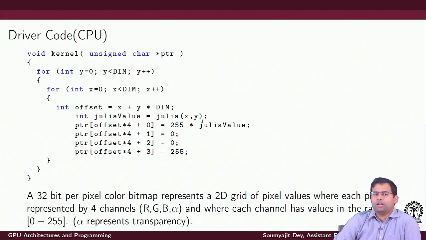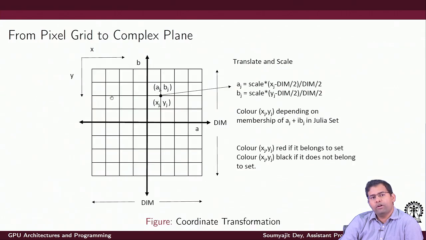The outer cascade of two loops was there to choose the row for matrix 1 and the column for matrix 2, and then the inner loop was doing the computation. In a similar structure, I have these outer two cascaded loops traversing over the bitmaps, and the inner code is actually doing the Julia set computation and deciding whether it is a member of the Julia set, and then correspondingly coloring with a suitable value, whether it is red or black.